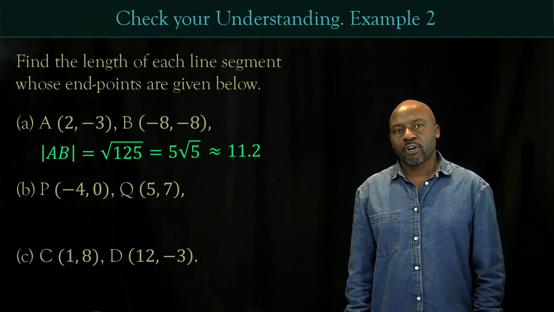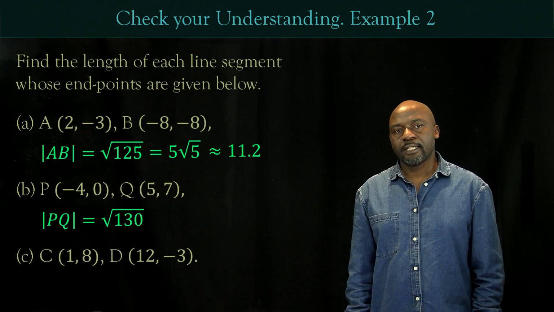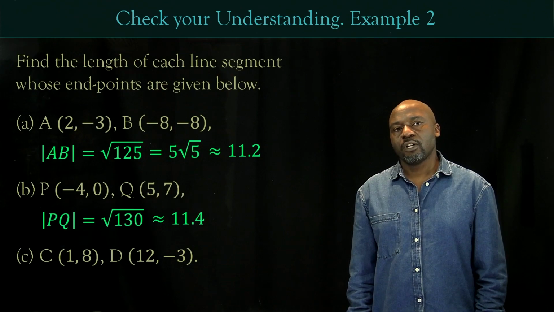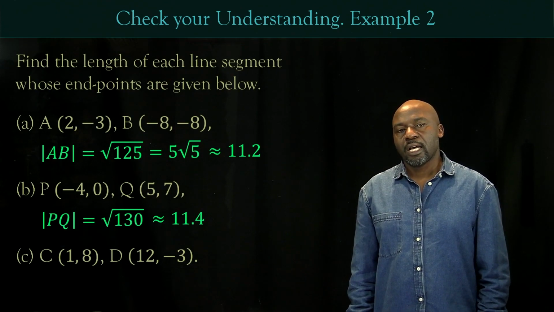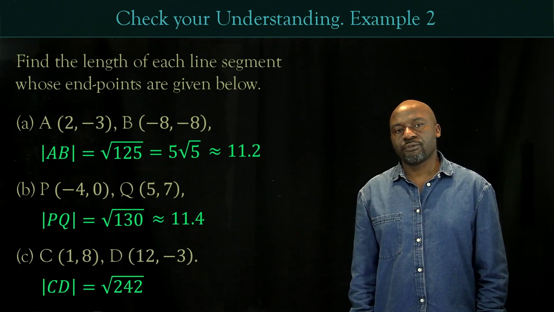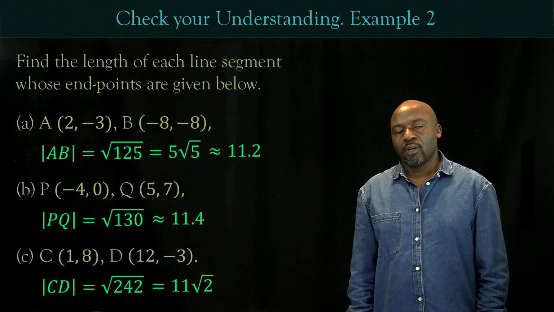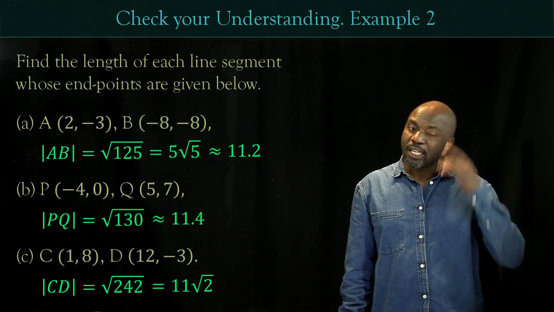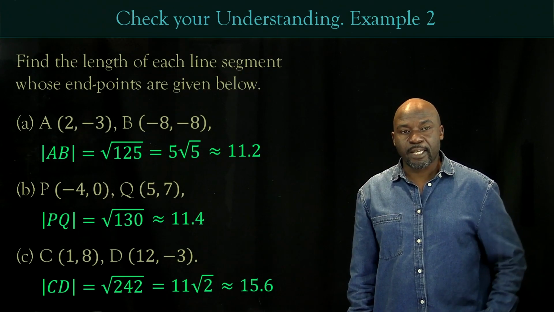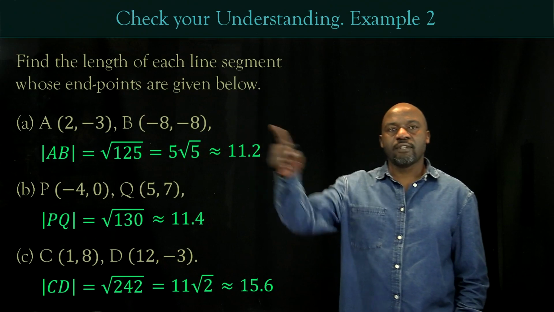If you did PQ correctly, you should get the square root of 130, which is approximately 11.4 to 3 significant figures. And the length of CD is the square root of 242, which is the same as 11 root 2, which gives us about 15.6. Okay, so these are the answers that you get if you have done that correctly.